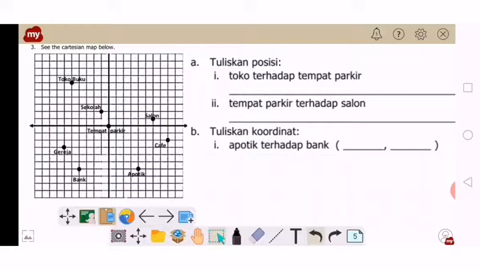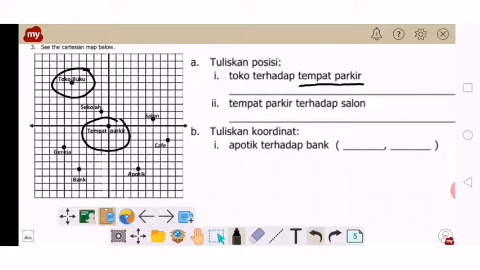Tuliskan posisi toko terhadap tempat parkir. Toko terhadap tempat parkir. So you need to check toko. Use the position terhadap tempat parkir. Remember, the last place that mentioned, it will be the main position ya. Jadi tempat yang utamanya di situ. Toko terhadap tempat parkir. Tempat parkirnya ada di sini sebagai original pointnya dia.